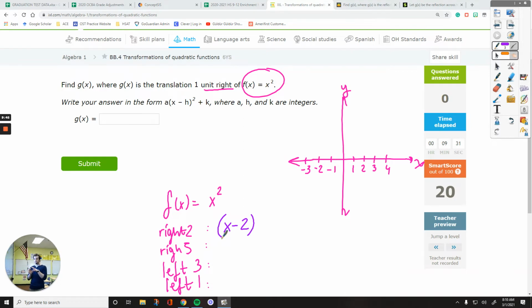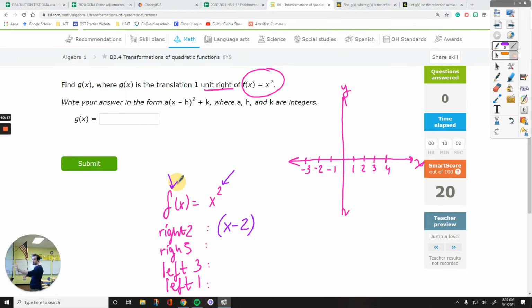That's our original function right here on the left, and it equals x squared. So when it says move it right 2 units, it tells us to subtract 2 from the variable, not from the function. That's the difference. With the vertical movement, we subtract it from the function. With the horizontal movement, we subtract or add it to the variable.